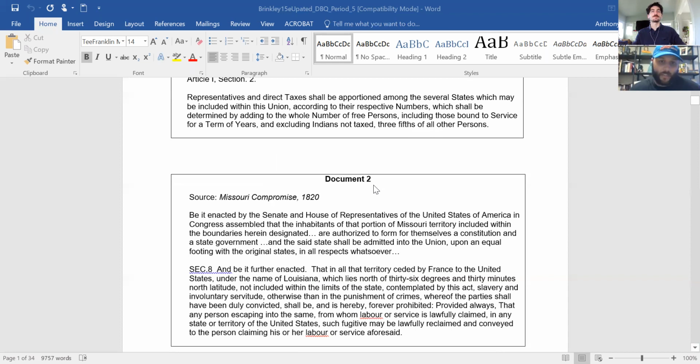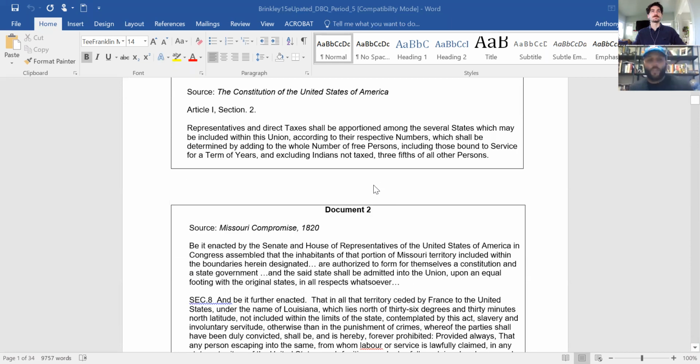So I would say that document 1 and 2, those two could be compared because they do have varying degrees of legality to them.